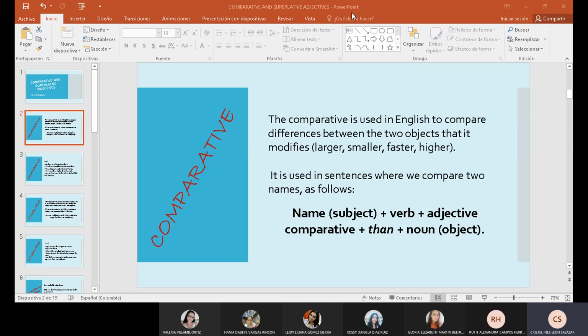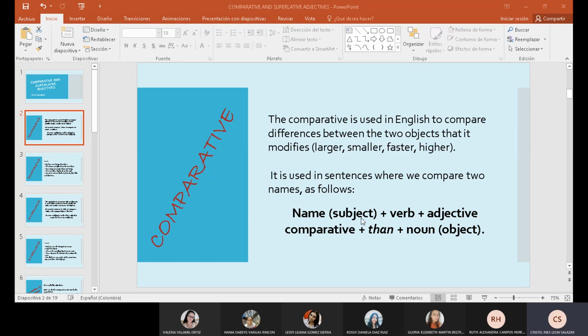This is a structure to form the sentence with the comparative adjectives: the name of the subject, the verb, adjective comparative, than, which is very important, and the other object. We use the comparative in English to compare two objects.